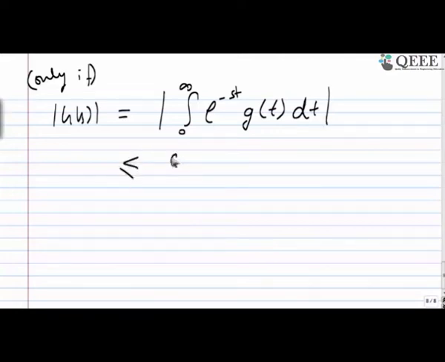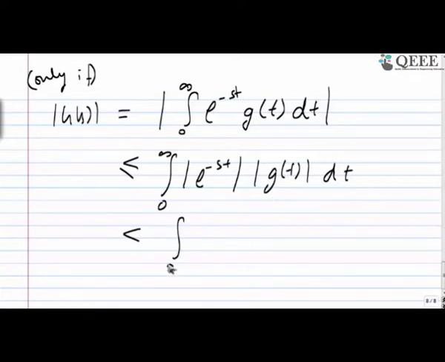This would be less than or equal to, if I take the mod inside, the integral of mod of e to the power minus st times mod g of t dt, which would be less than the integral from 0 to infinity of mod g of t dt.